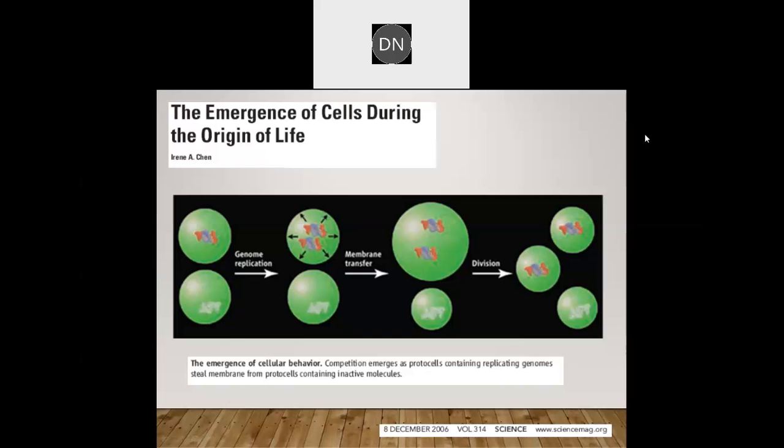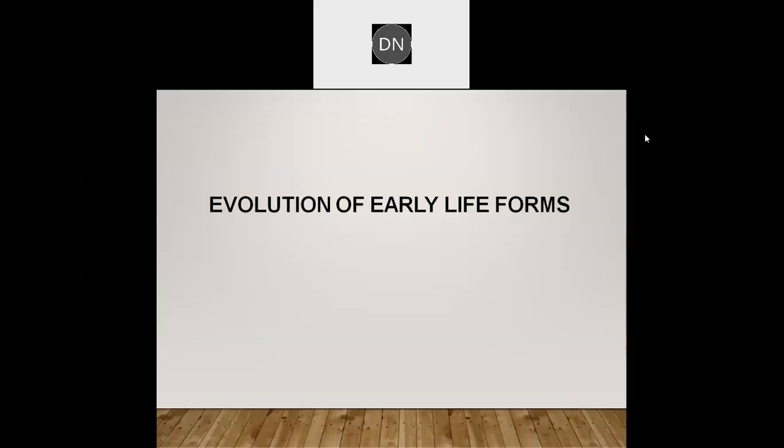Observation in this figure: there is genome replication, then membrane transfer, then division occurs. With the emergence of cellular behavior, competition emerges as protocells containing a replicating genome still form protocells containing inactive molecules. Next.